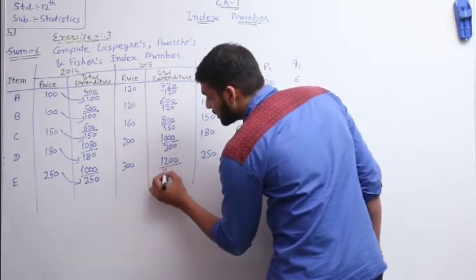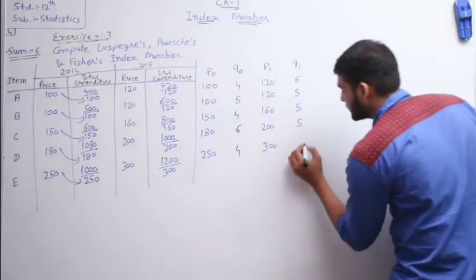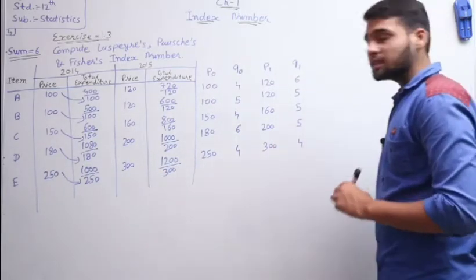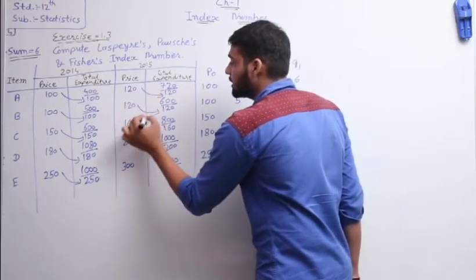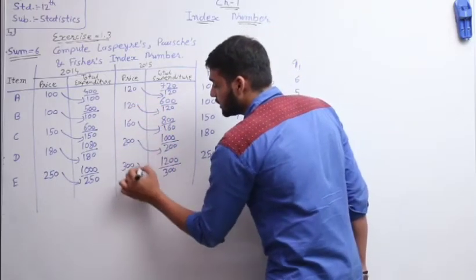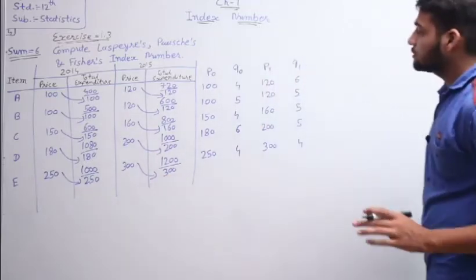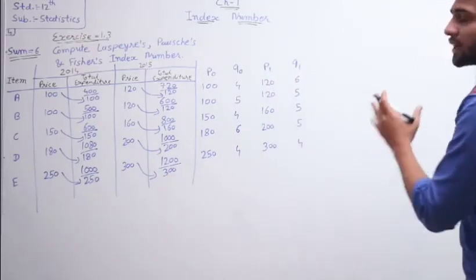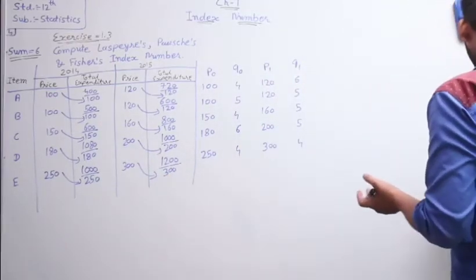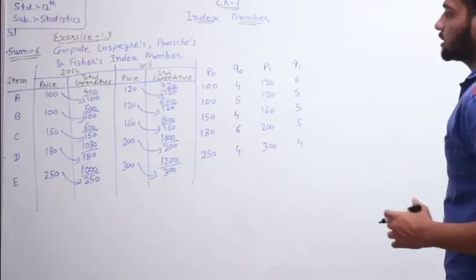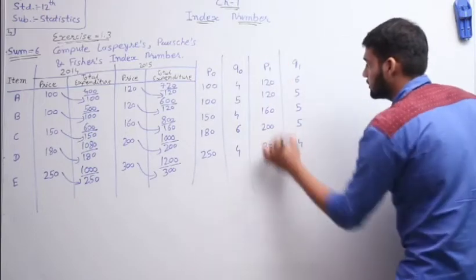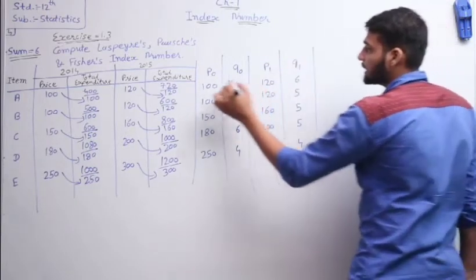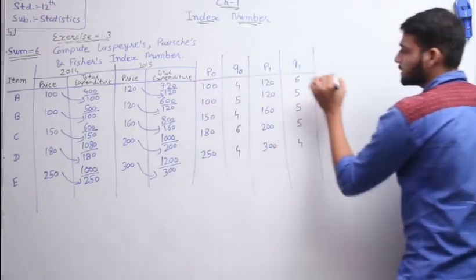And 1200 divided by 300, so the answer is 4. Here also, similarly, total expenditure divided by price. Are you getting how to find the Q0 and Q1 columns?